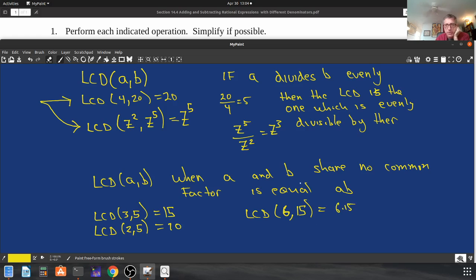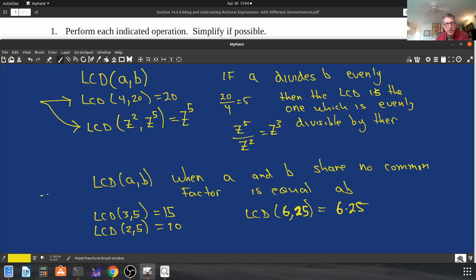Sorry, I chose the wrong one. 15 shares a factor with 6, doesn't it? 15 and 6 both share a factor of 3. So that's not the one I want to do. Let's do 6 and 25. That will work. Well, they share no common factors, so that's equal to 6 times 25.